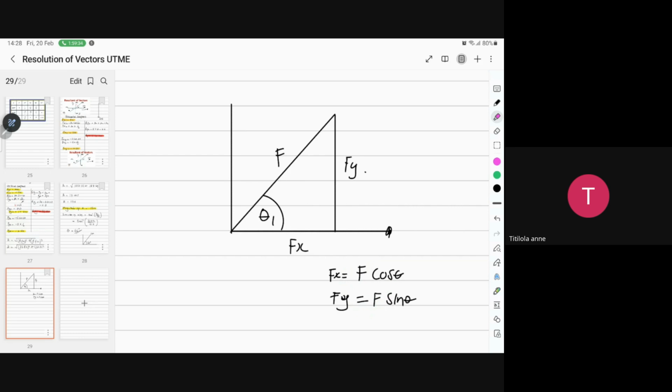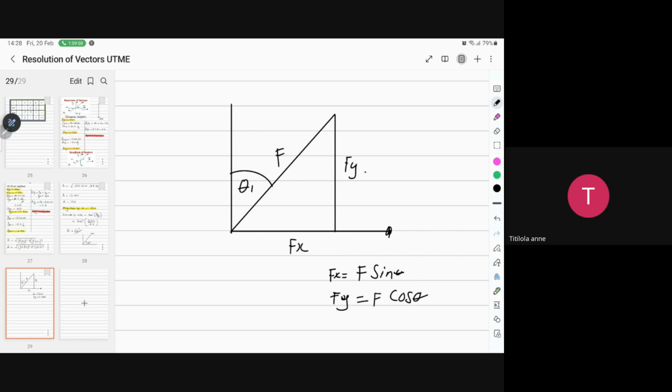Now, I'm trying to say something else. We said that if the angle is now with this side, let's say theta 1, then this side will become sine theta and here will become cos theta. That's what we agreed, right? A thumbs up again if you agree. Good.